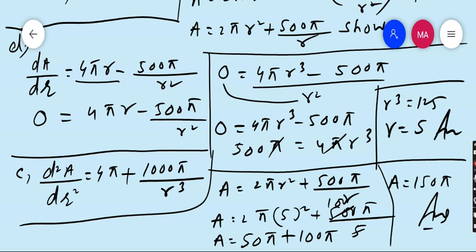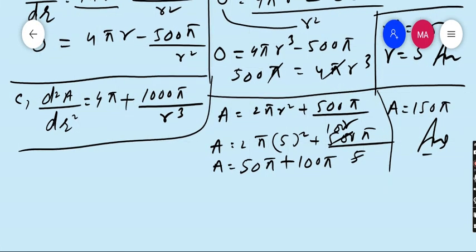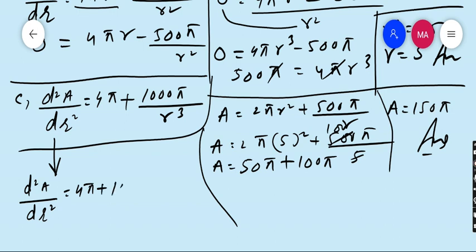150 pi. And now it's time to find the nature. Very easy. We have already found the second derivative, d square A by dr square, 4 pi plus 1000 pi upon r cube. R is 5, 5 cube.